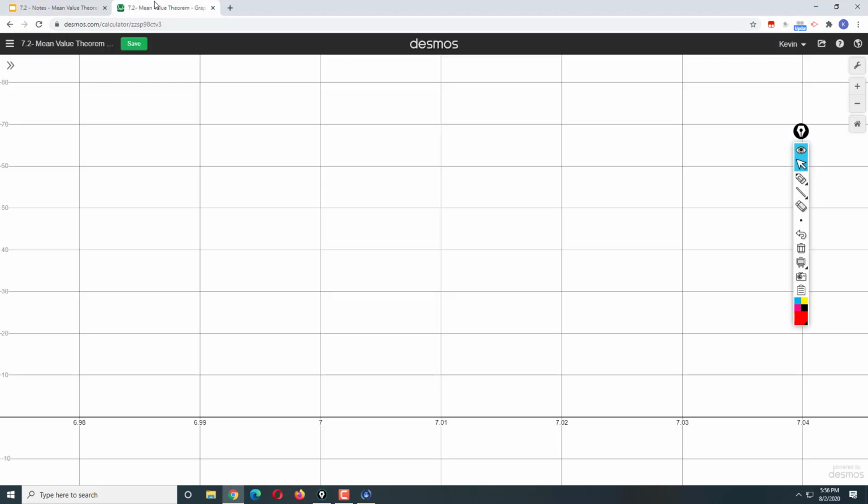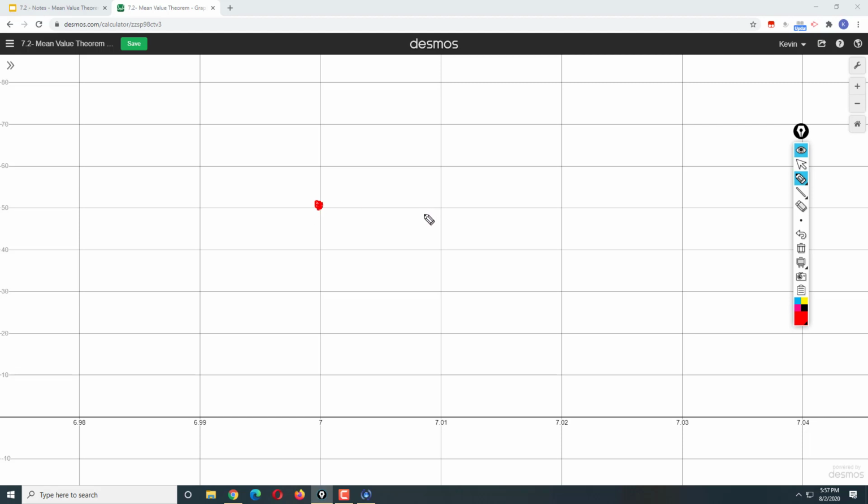So here, the y-axis is going to be the speed. The x-axis is going to be the time. I'm going to make some points. At 7 o'clock, so at x equals 7, we know the velocity is 50. So there's a point here. We know the velocity is 50 right here. That's what we're told.